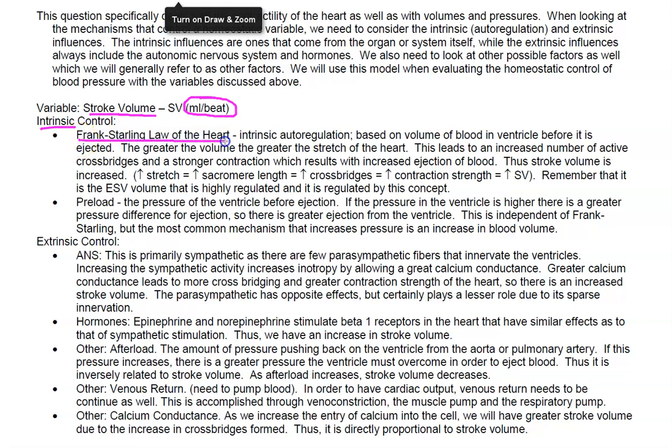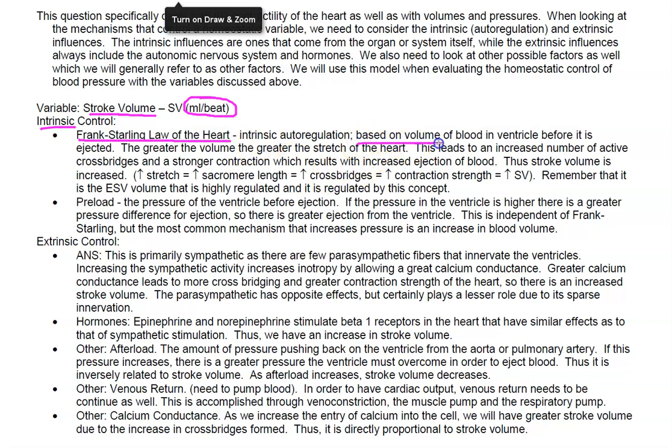The Frank-Starling law of the heart is an intrinsic autoregulatory mechanism. And what happens is, here's kind of the colloquial version, pump what you get. So the greater amount of blood that comes back to the heart, the ventricle, the greater amount of blood the ventricle will pump out.